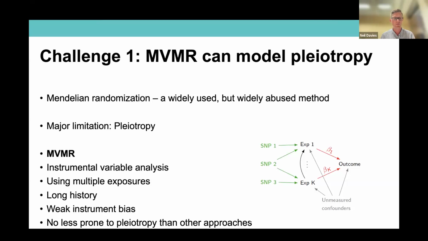So if you've got more than a handful of exposures, as you might do if you've got a large proteomics data set or metabolomics data set, it's going to be very, very difficult to come up with plausible and precise estimates using these techniques. And we've seen this in some of the attempts to use these approaches on very, very wide data sets with a very large number of exposures.